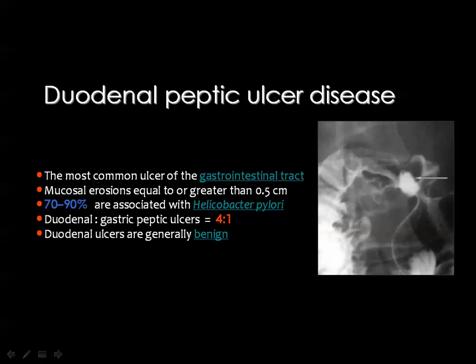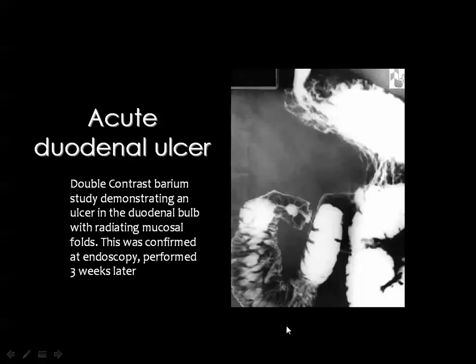And the duodenal ulcers, as I have said, are generally benign, and you know that the benign ulcer is an area of localized persistent barium collection, and the mucosal folds are seen reaching the edge of the ulcer. And here is the typical appearance of an acute duodenal ulcer in the duodenal bulb.